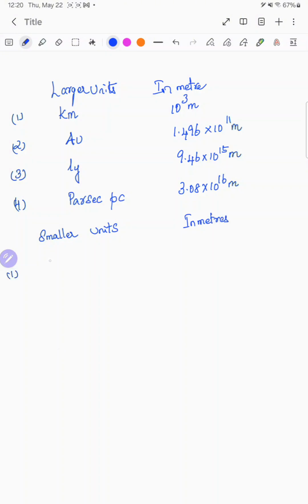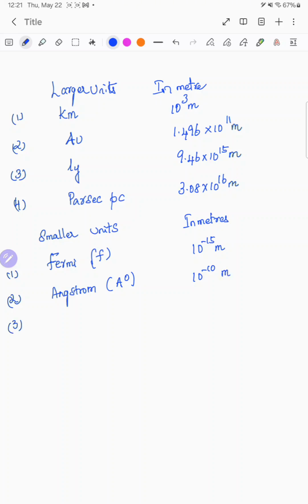The smallest one is the Fermi, denoted by f, which is equal to 10 power minus 15 meters. The second one is the angstrom, denoted by A with a degree symbol, which is 10 power minus 10 meters.